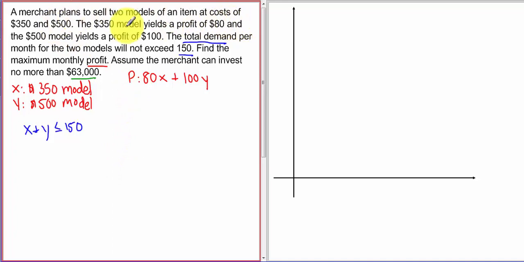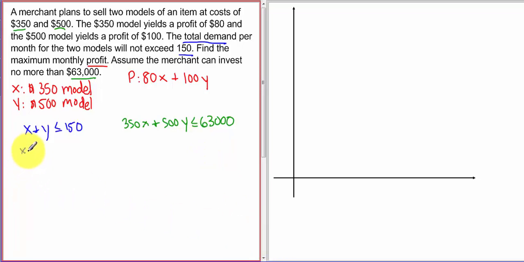So we have items that cost a certain amount. So the cost of buying a $350 plus the cost of buying a $500 has got to be less than or equal to $63,000, because he doesn't want to spend more than $63,000.